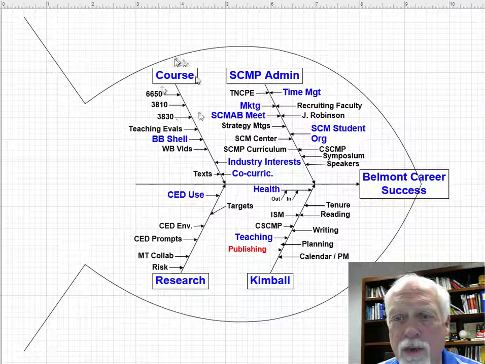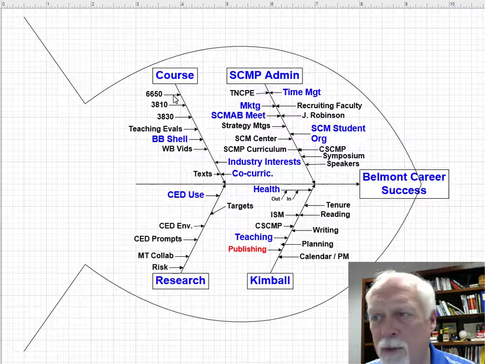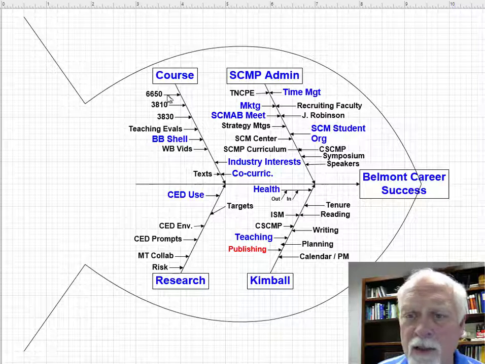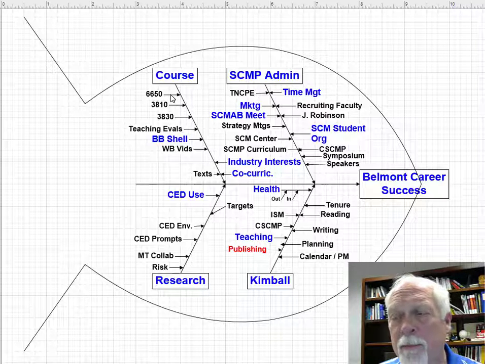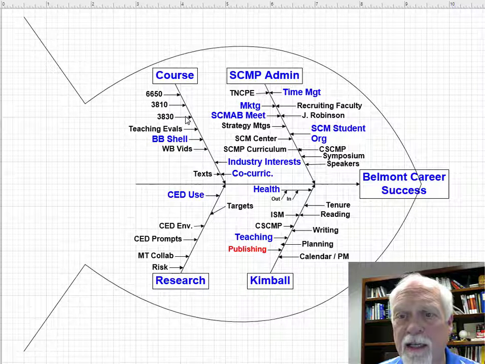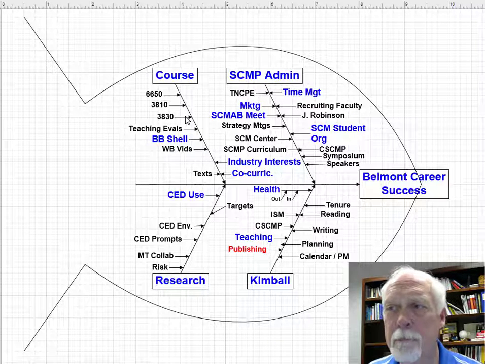And so I had courses, and here are my different courses, which those numbers don't mean anything to you, but this is a graduate introductory or overview supply chain management and operations course. This is undergraduate survey of supply chain management, and this is undergraduate survey of global sourcing.